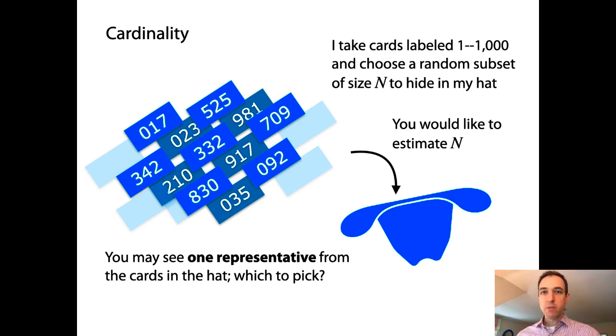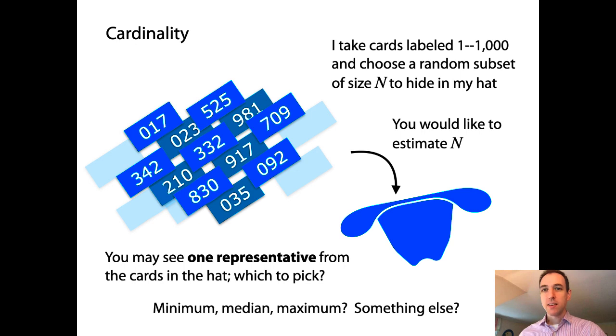And you can get some information from me. Specifically, you can ask for one representative card from all the cards that are in the hat. Okay, I should say some more about what it means to pick this representative. How would you pick it? Well, let's say your choices are, you can pick a quantile, by which I mean you could pick like the median, or the minimum, or the maximum, or the 25th percentile, or something like that.